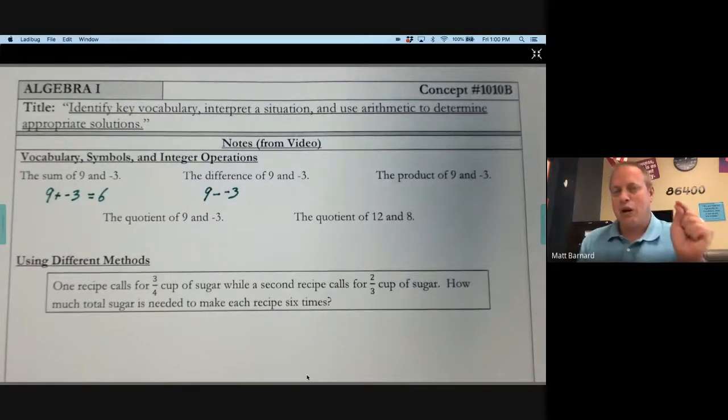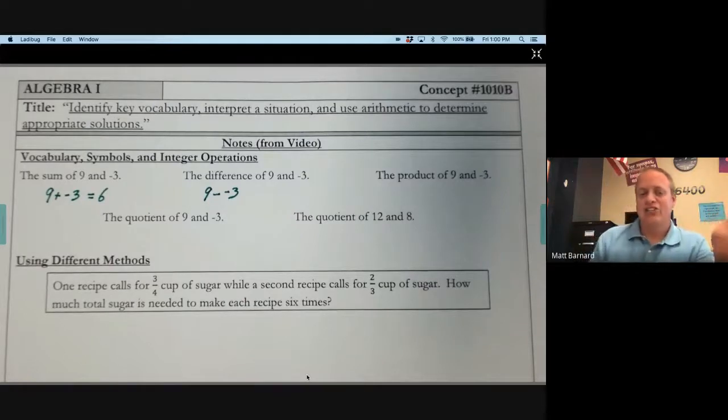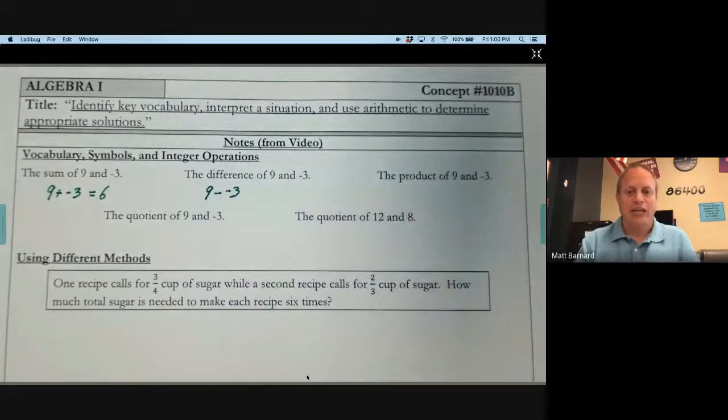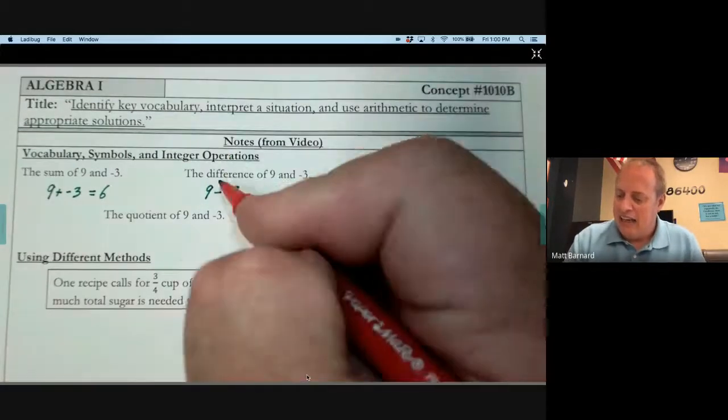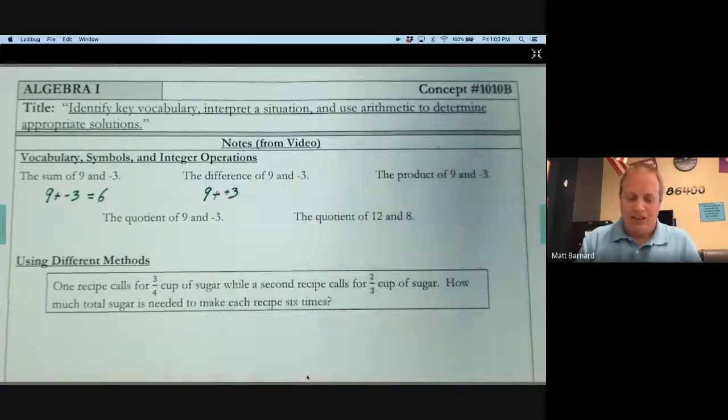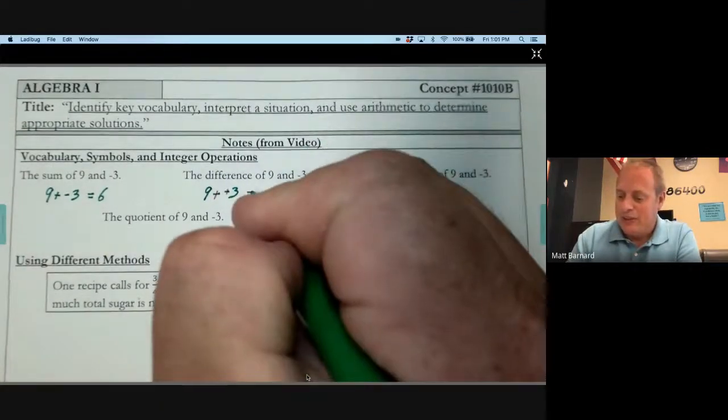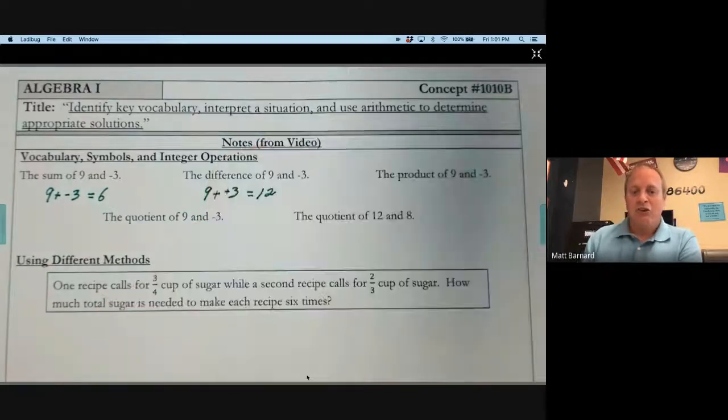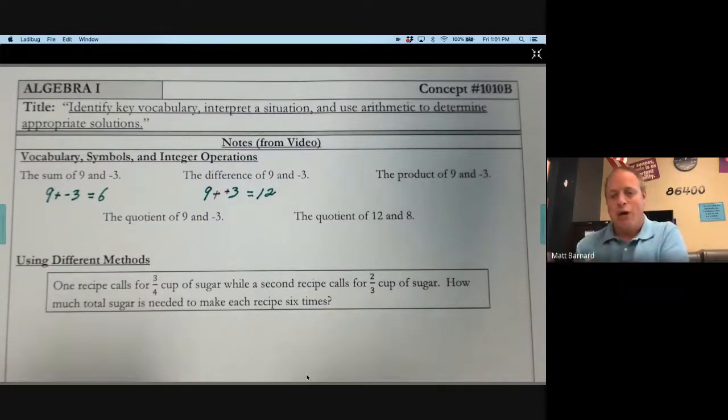Now, remember, to subtract integers, we add the opposite. So this is really, and I'll show you the trick I kind of like to use, 9, add the opposite. And so we're looking basically at 9 plus 3, which is 12. So if you're good at adding integers, doing that one thing will make you awfully good at subtracting integers too.